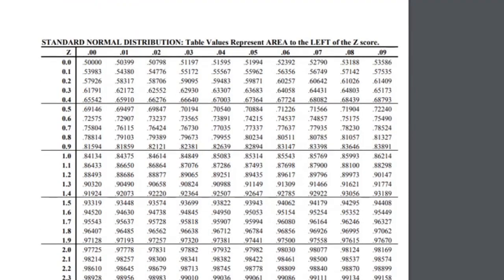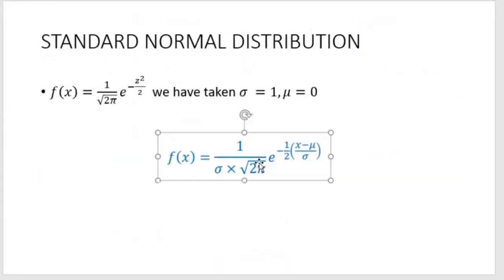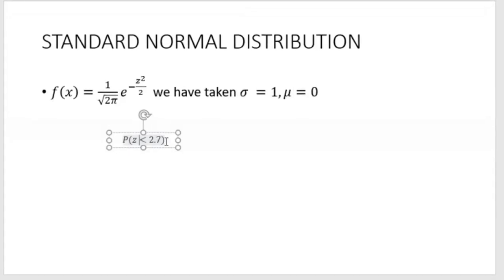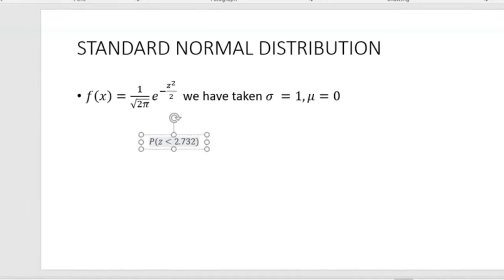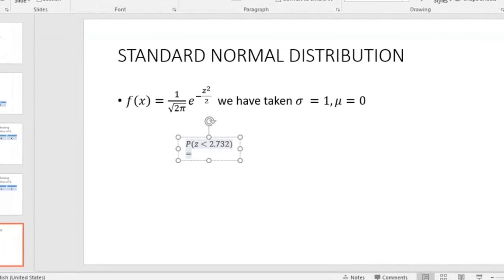Suppose you want to find the probability for z equal to 2.732.